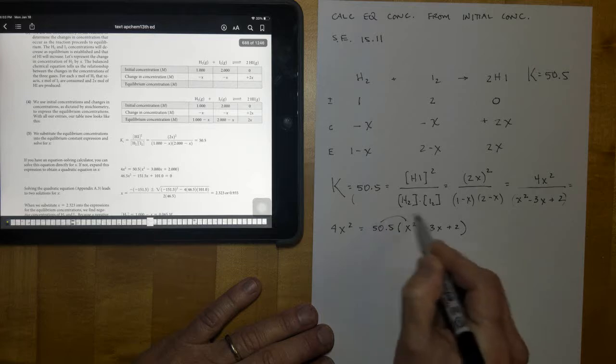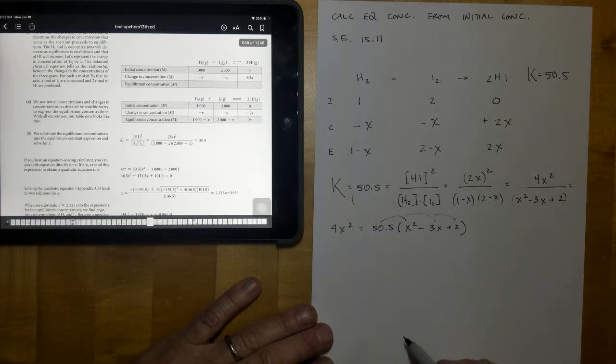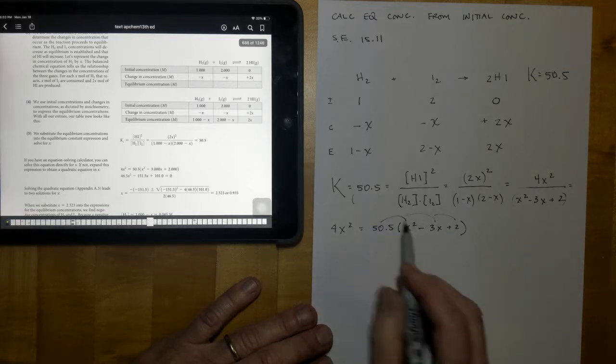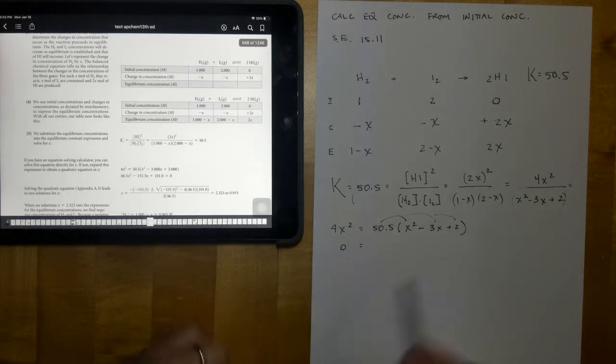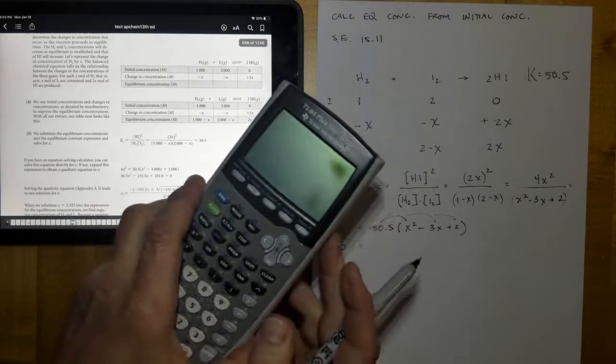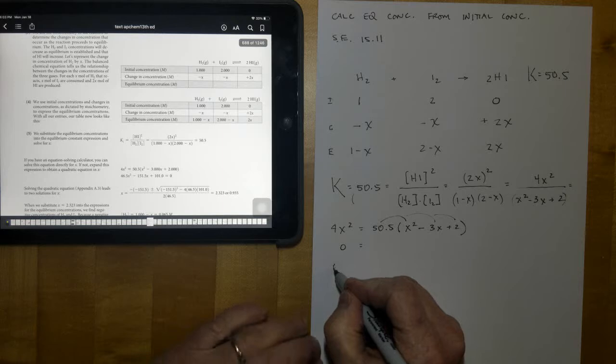We've got to distribute this in here. And then we want to eventually set it equal to 0, because if we get the whole thing set equal to 0, then you can use your calculator to solve what's called the quadratic equation.